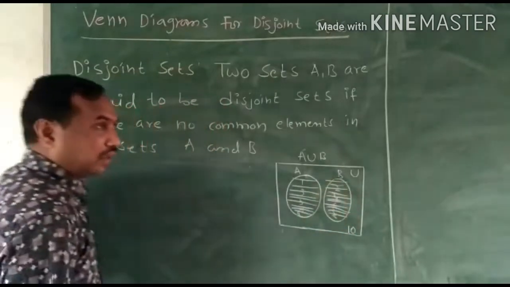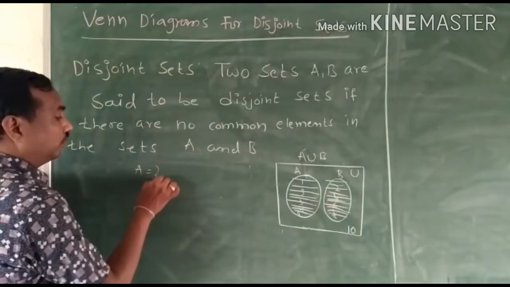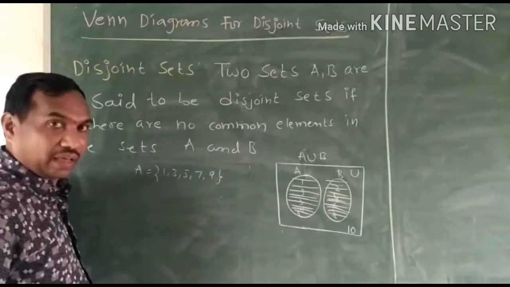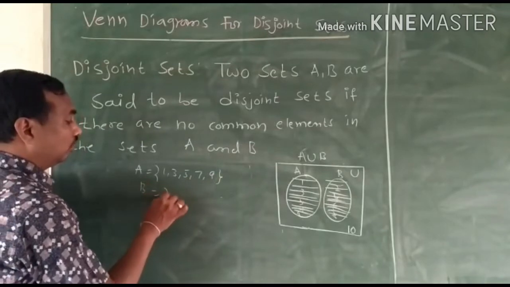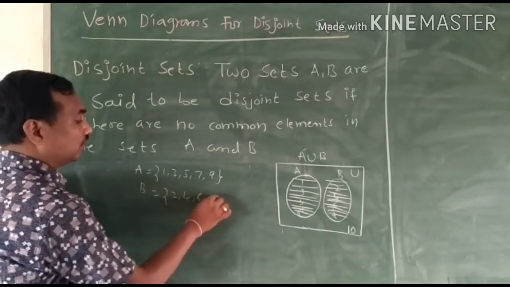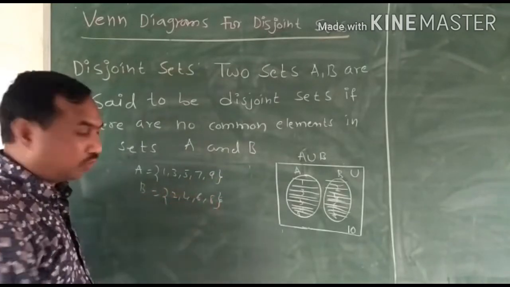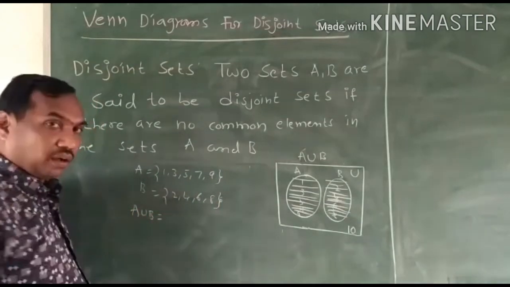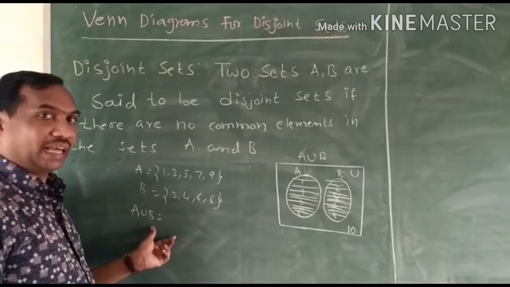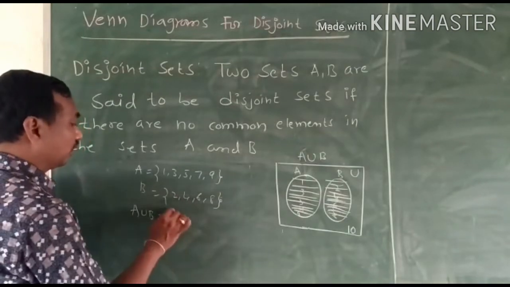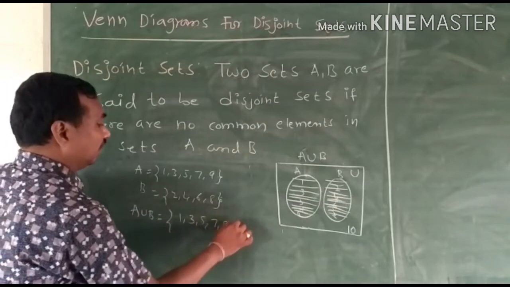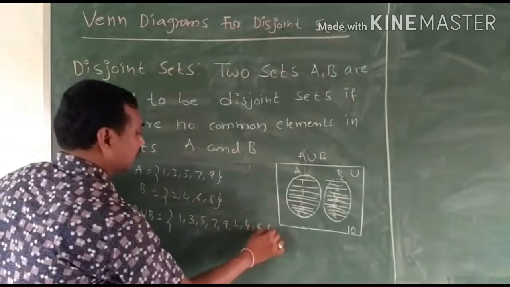Because here A equals 1, 3, 5, 7, 9 and B equals 2, 4, 6, 8. A union B means we need to take all the elements of A as well as B. Therefore, A union B equals 1, 3, 5, 7, 9, 2, 4, 6, 8.